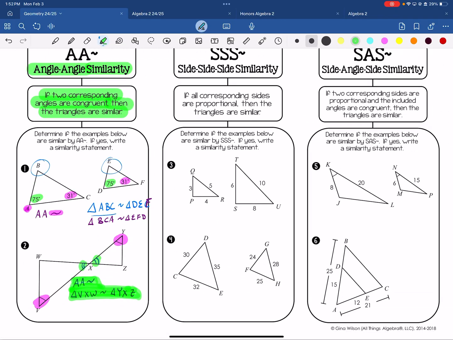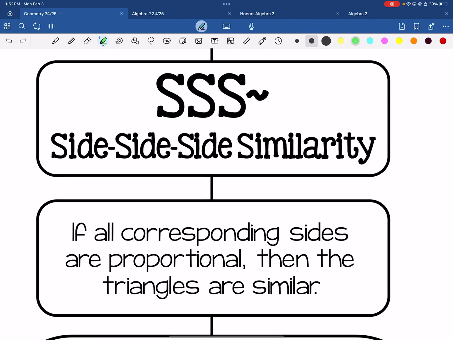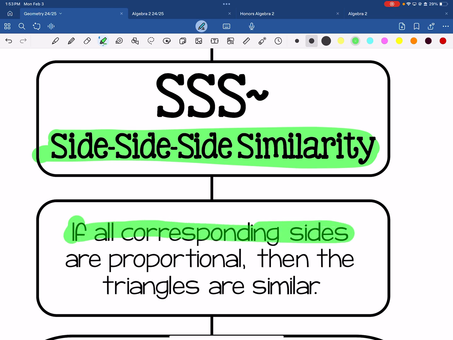If two corresponding angles are congruent, then they're similar. The next one is side similarity, SSS. In side similarity, two triangles are similar if their corresponding sides are proportional.